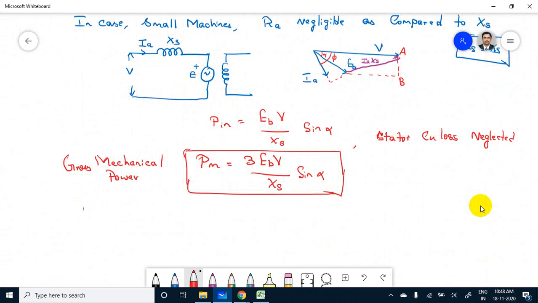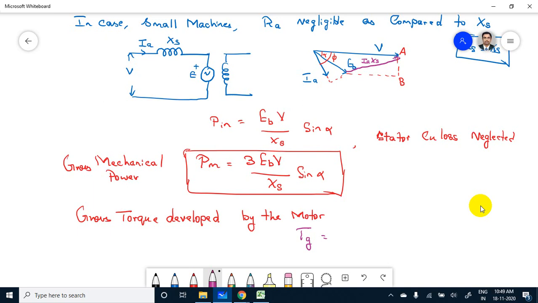Then we can find the final torque in the machine, the gross torque developed by the motor. The torque notation is TG.